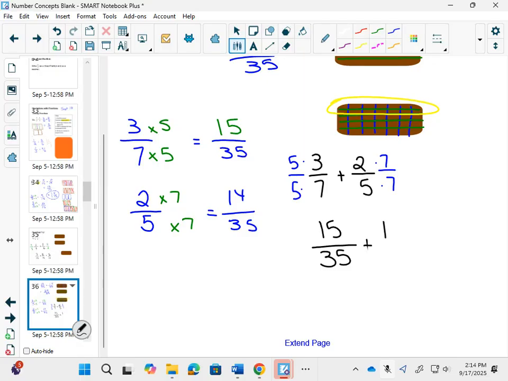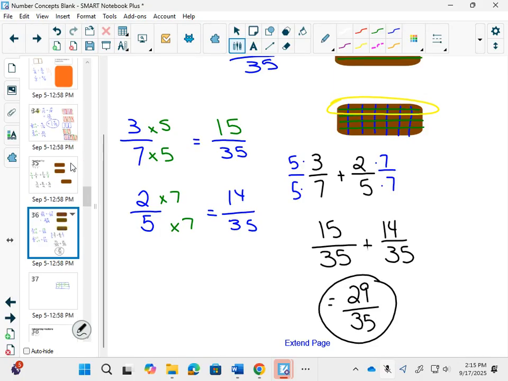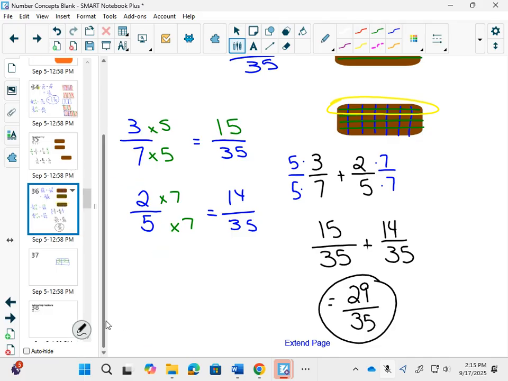This will be 14 on the top and 35 on the bottom. And since they're the same size, now I can count how many pieces in total I have. 29 out of 35. Did you do that one? How did we do?